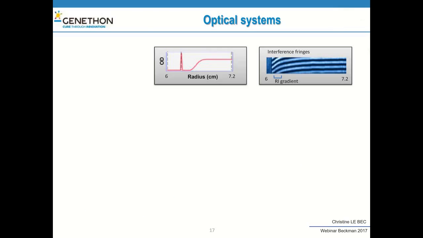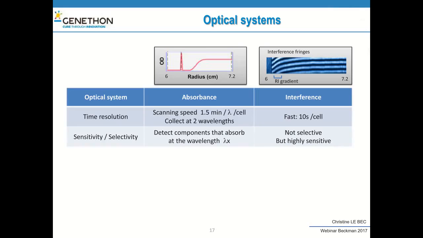The optical systems are two: UV and interference. UV uses a scanning speed of 1.5 minutes per wavelength per cell, and you collect at two different wavelengths. Interference is faster: the scan of the cell between the meniscus and the bottom takes 10 seconds per cell.